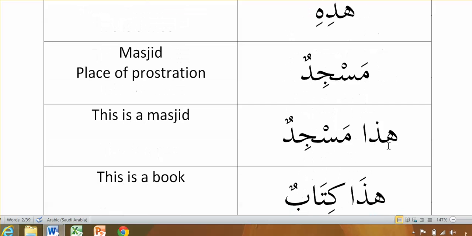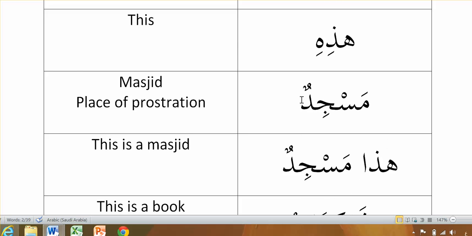Now, I want to remind you of an important rule: there are three parts of speech in the Arabic language. Parts of speech mean the kinds of words that make up speech. I mentioned this to you before.